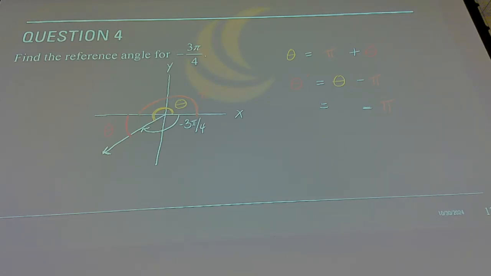Answer this first then. How would you determine the coterminal angle? What would the process be? You want the angle coterminal to negative 3 pi over 4, so what would you do to determine that?